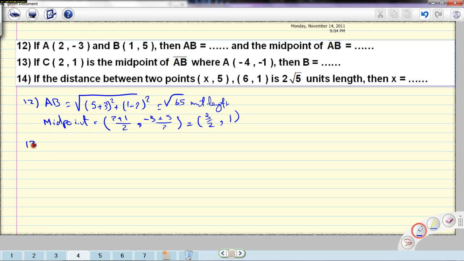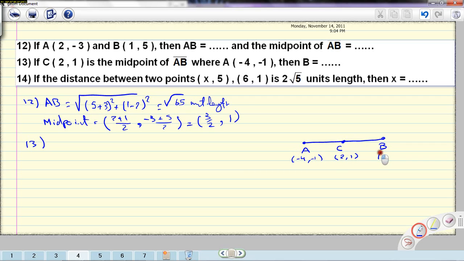Number 13. It says C(2, 1) is the midpoint of AB. I'm going to draw something to help those who can't do such a full question. C is the midpoint of AB, so this is A, this is B, and this is C. C's ordered pair is 2 and 1, and the ordered pair of A is negative 4 and negative 1.